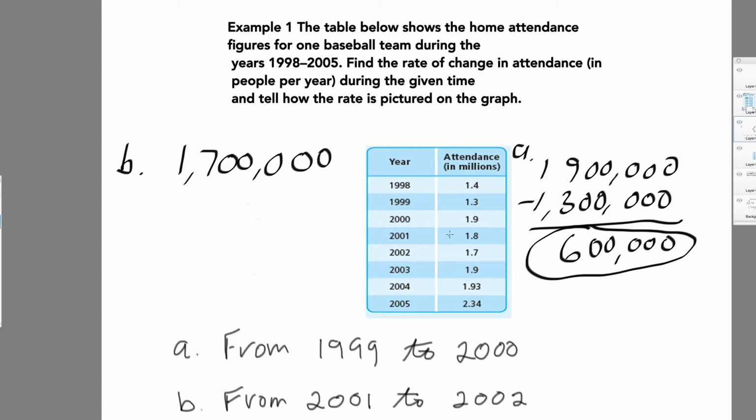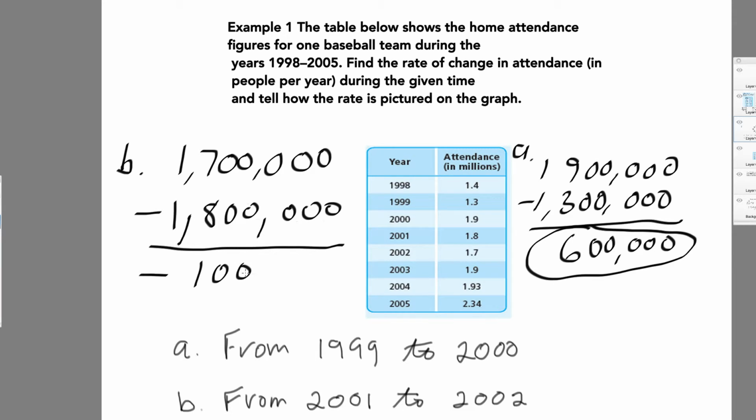And we're going to subtract from that 1.8 million, so 1,800,000. And since we're subtracting a larger from a smaller, this is dealing with negative terms. So that's going to be a 7 from 8 is 1, a negative 100,000 is going to be our difference.